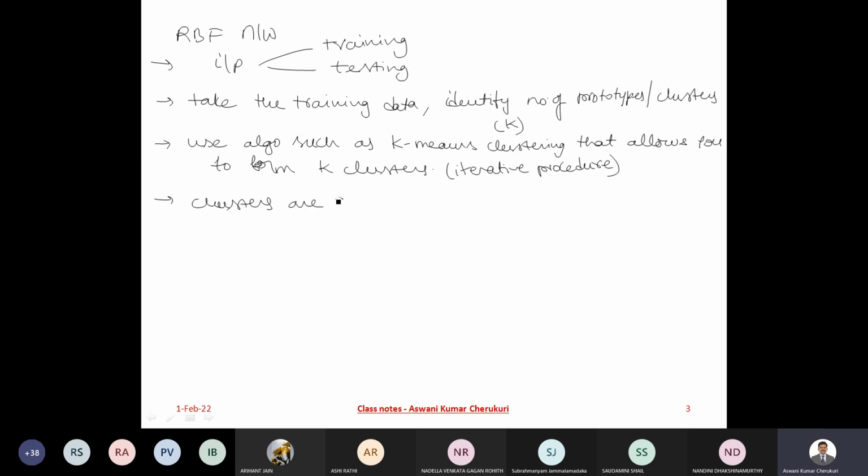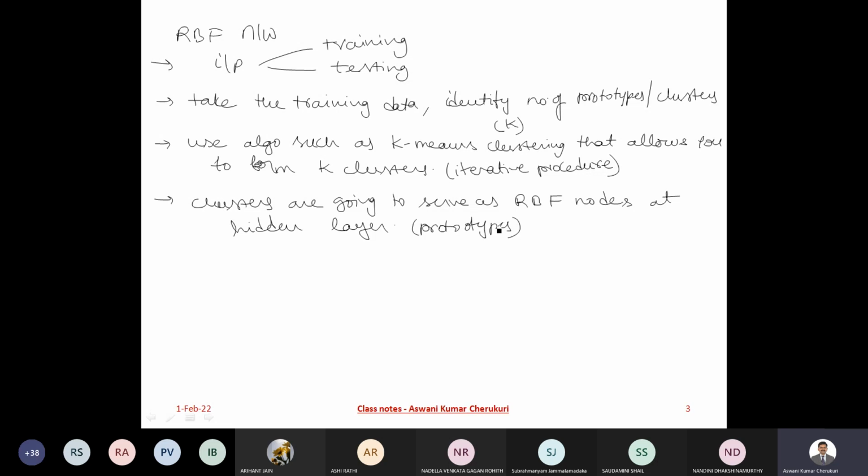Clusters are going to serve as your RBF (radial basis function) nodes at the hidden layer. So your hidden layer nodes are nothing but your cluster centers and clusters, or you can think of them as the prototypes.